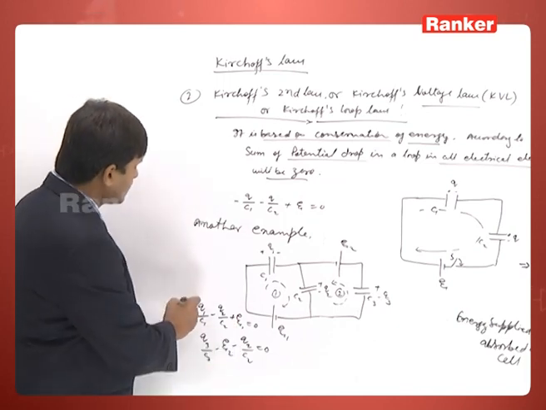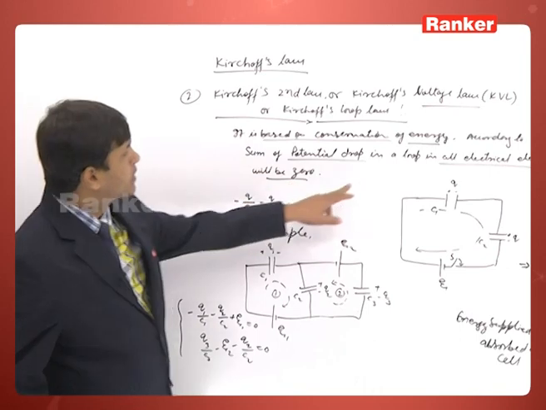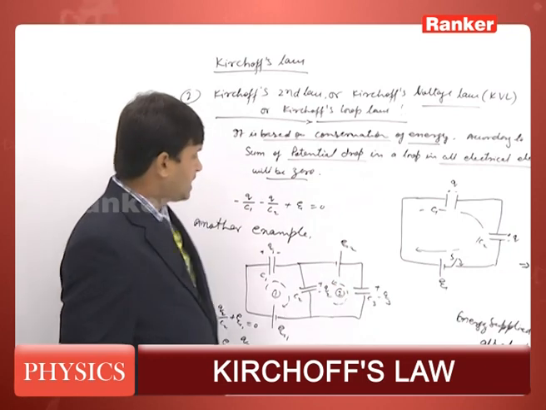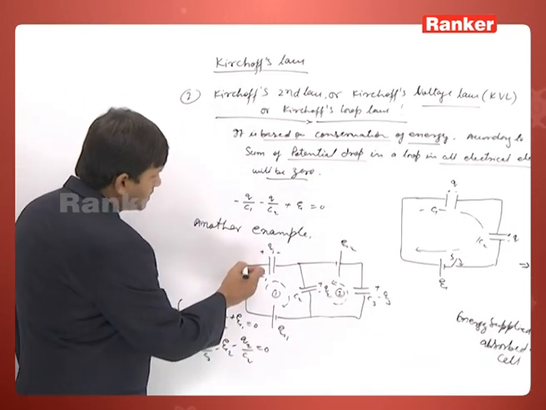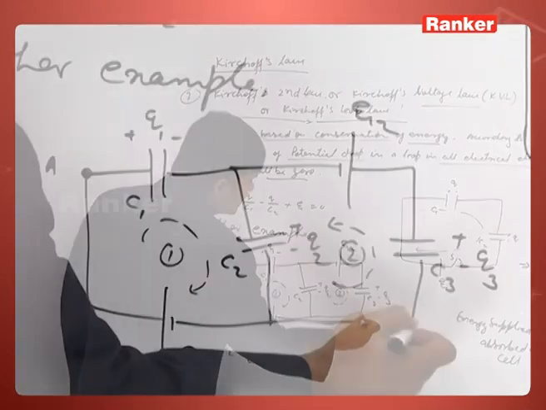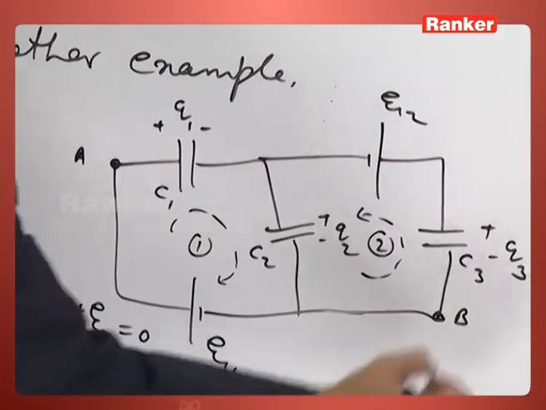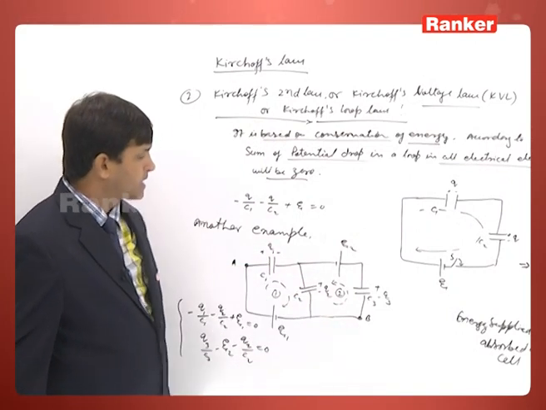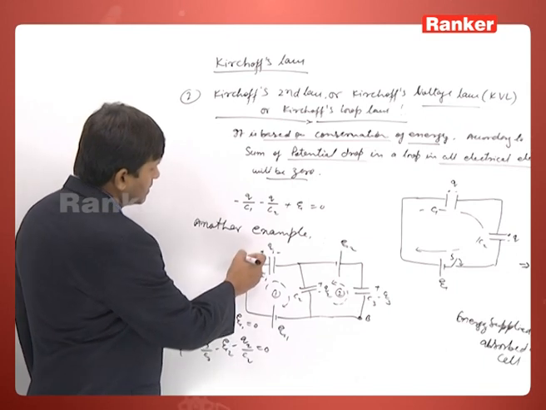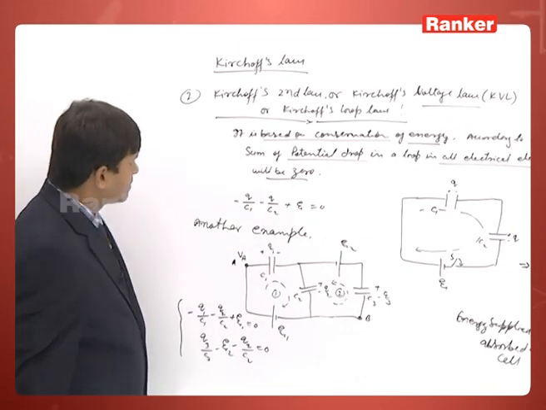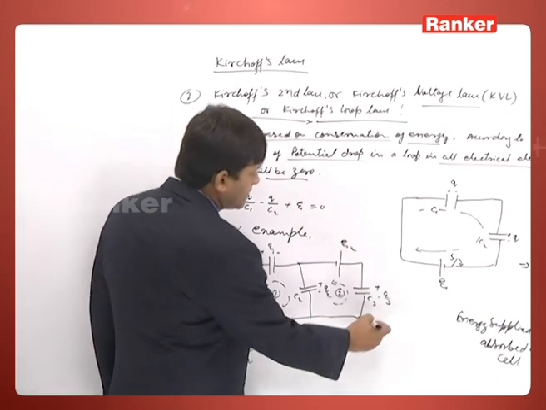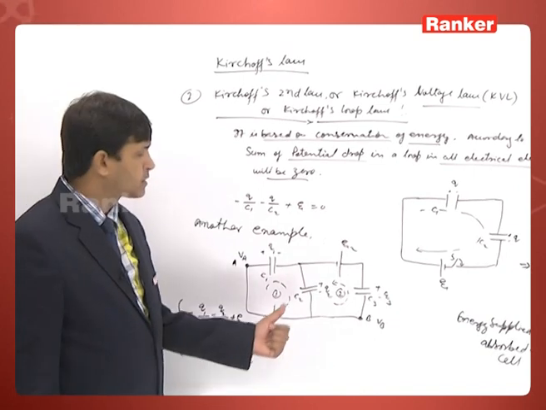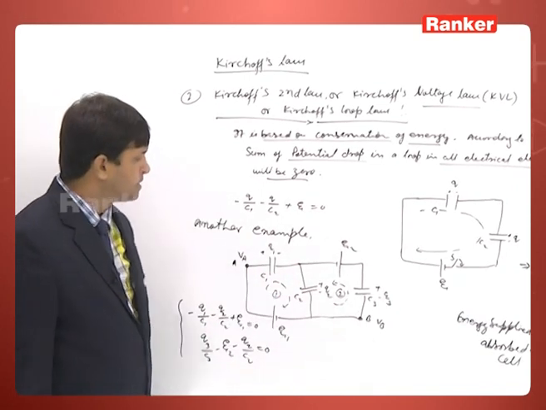This is one more interesting point. It does not mean Kirchoff's second law is applicable for a loop only. You can apply Kirchoff's second law between any 2 points. For example, suppose this is point A and this is point B. To apply it between any 2 points, first define the potentials of those 2 points, VA and VB.